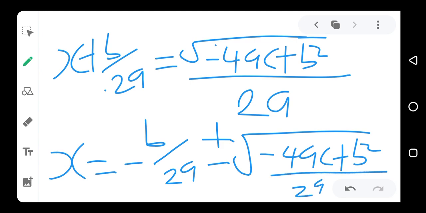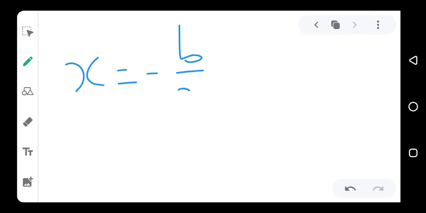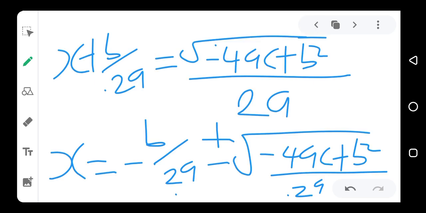Now with this, these are two fractions, so we can combine them by taking the LCM, the common factor, which is 2a here and 2a here. So we have that x is equal to minus b plus or minus root, over the common factor 2a for both sides, then combine everything. 2a divided by 2a will give us 1, and 1 times minus b will give us minus b.